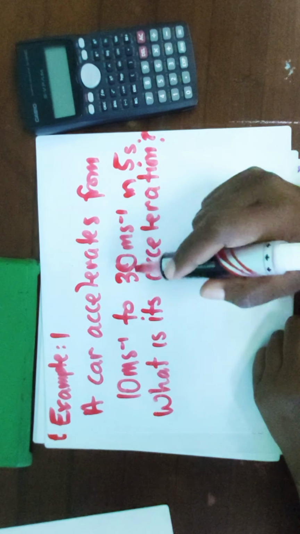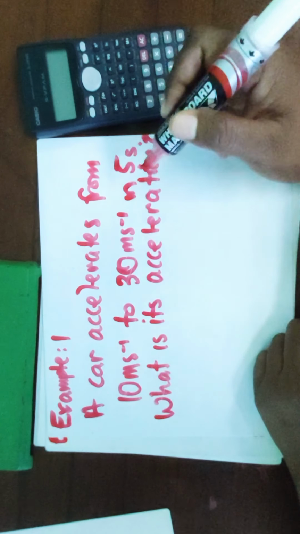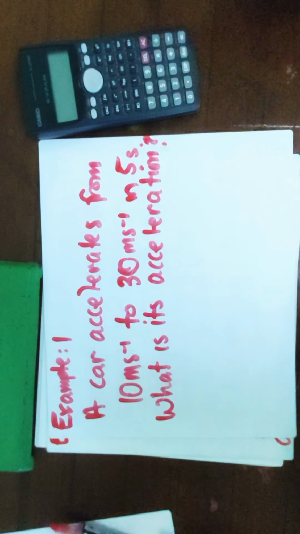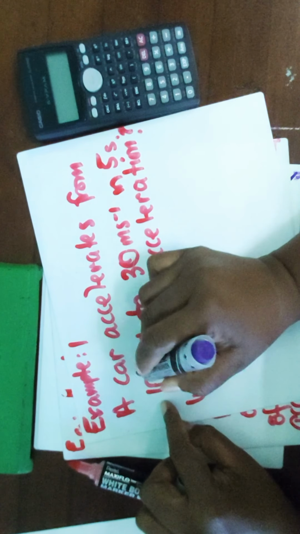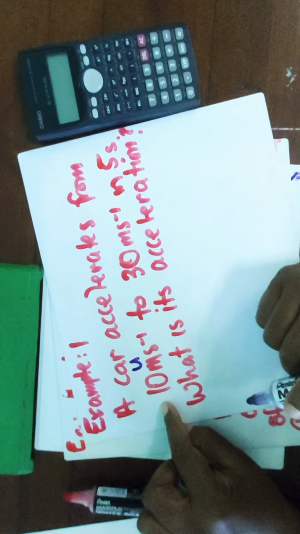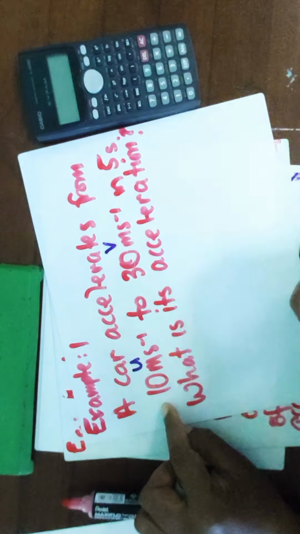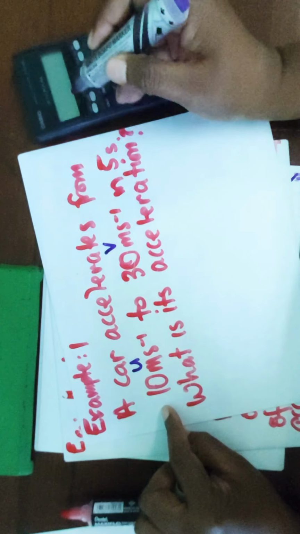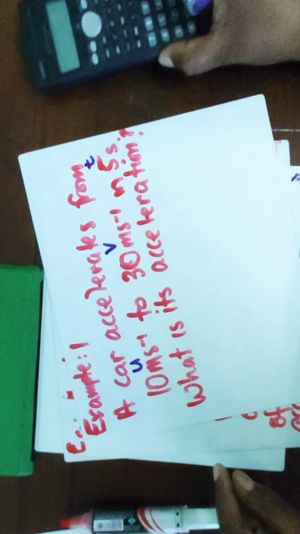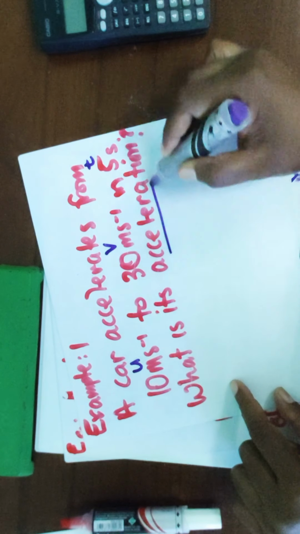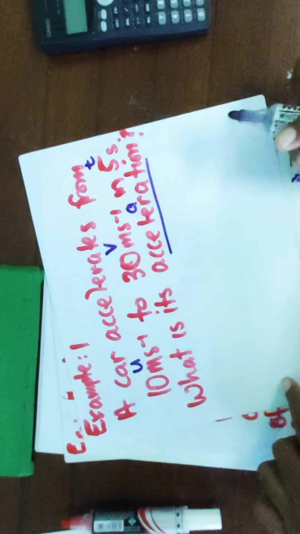So here it says a car accelerates from 10 meters per second to 30 meters per second. So we assume that this 10 meters per second is our initial velocity. That becomes our final velocity, and the 5 seconds is the time. And then we're asked to find the acceleration.